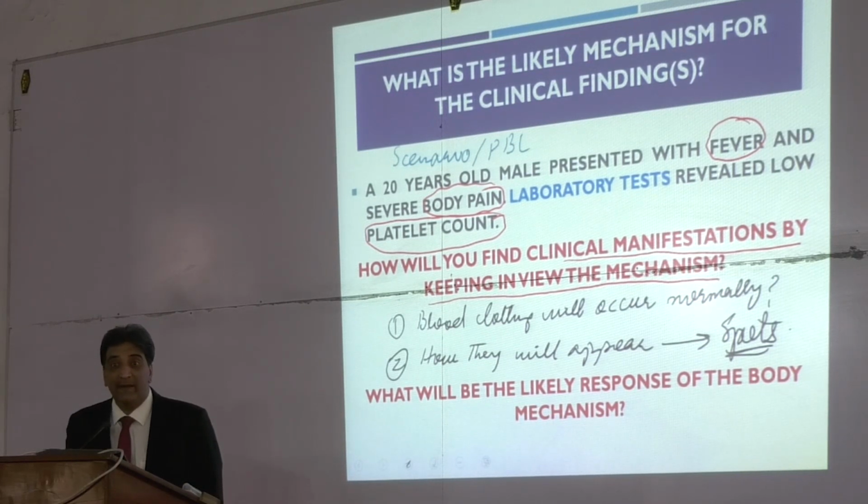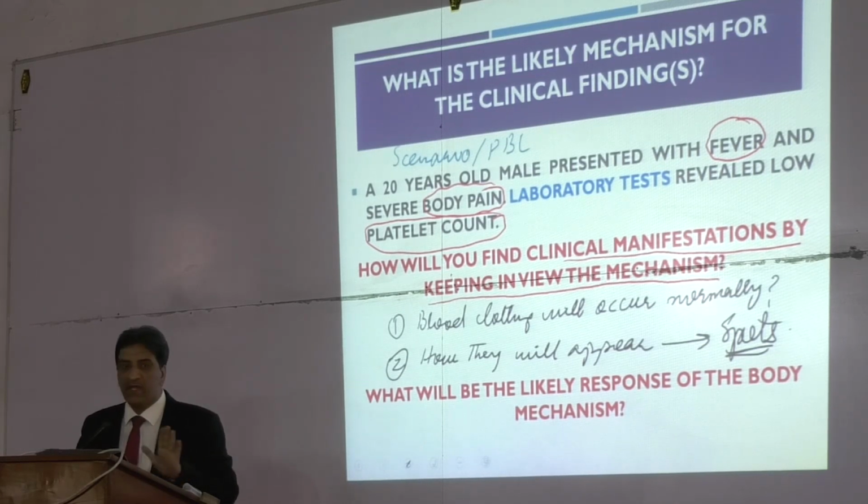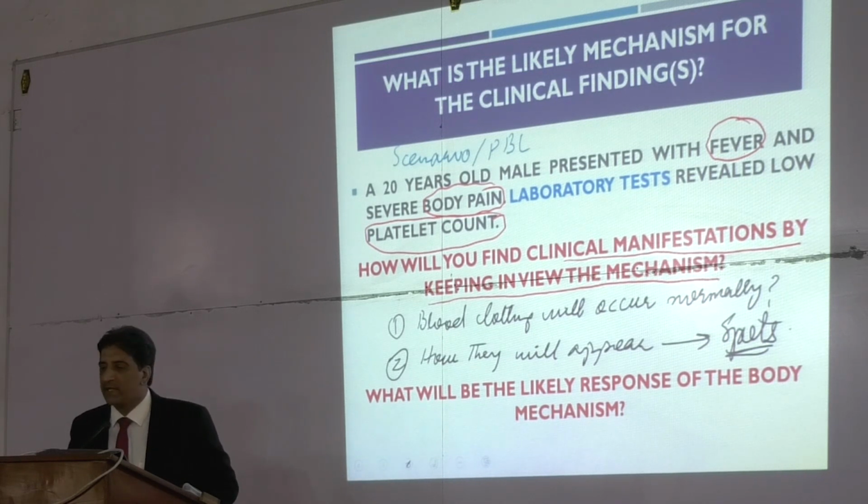So in the examination, you will specifically note whether spots are formed on the skin or not. If they are not present, then your patient is safe. If the spots are present, then your patient is in severe trouble. So this is how you approach the disease.